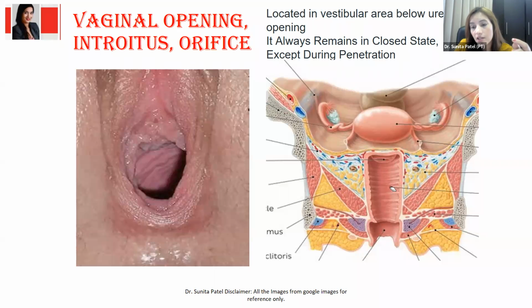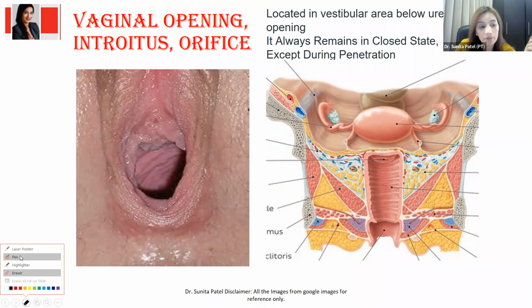We call this the rugae, this particular mucosal layer of the vagina. The vagina is a part of the sexual as well as the reproductive system. But mainly the responsibility of the vagina is collecting the sperm. It is not that sensitive because our sexual organ lies outside, that's the clitoris, but still it can give us a sexual sensation.